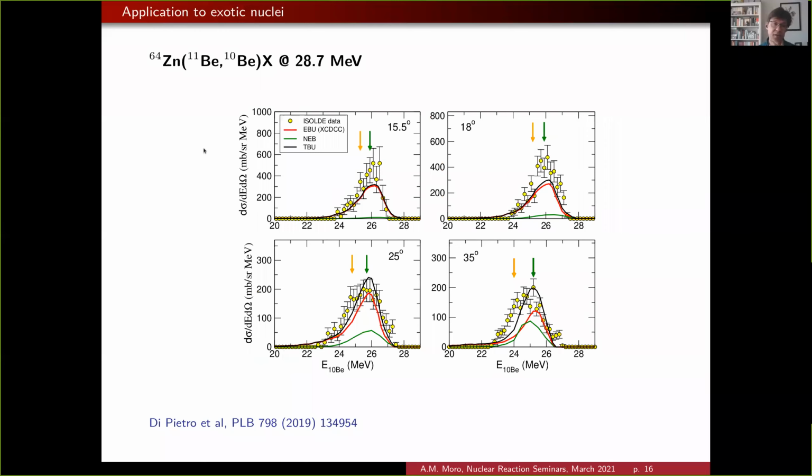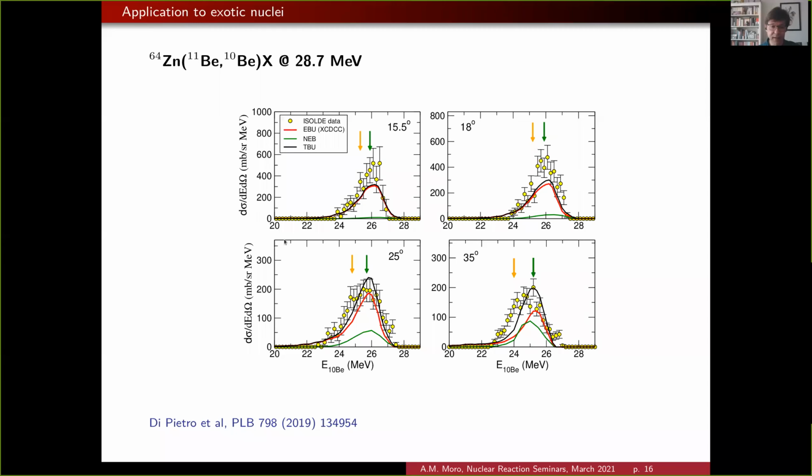Let me show you one application to a halo nucleus, beryllium-11, that we analyzed along with our collaborator from Catania, Alessia Di Pietro, and her group. This is for beryllium-11 on zinc-64, at this energy. And again, this is an inclusive measurement. This is very typical of reactions with neutron halo nuclei, because neutrons are difficult to detect, so there are many measurements which are inclusive.